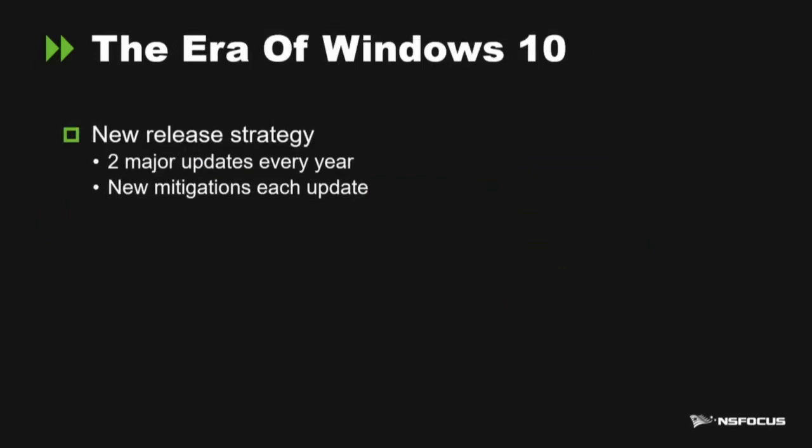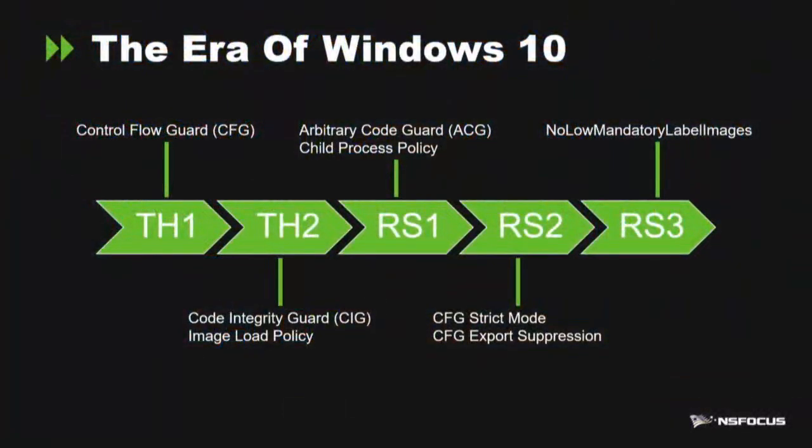But when Windows 10 was released, things changed. First, there is a new release strategy. There will be 2 major updates every year, and new mitigations in each update. In the first release of Windows 10, that is TH1, we got CFG.